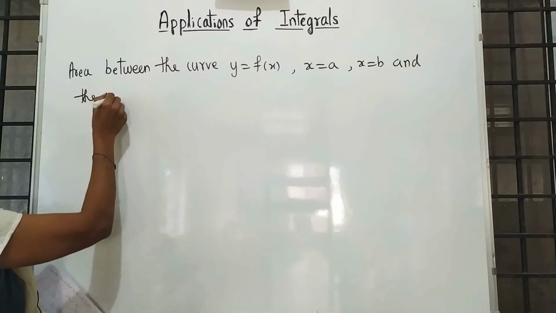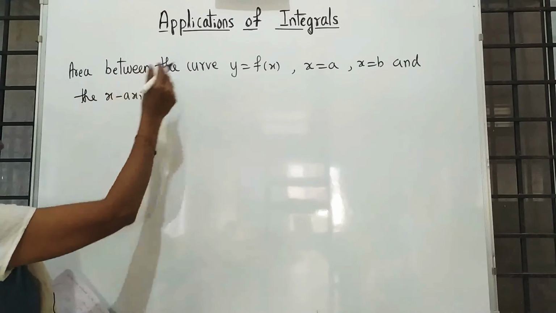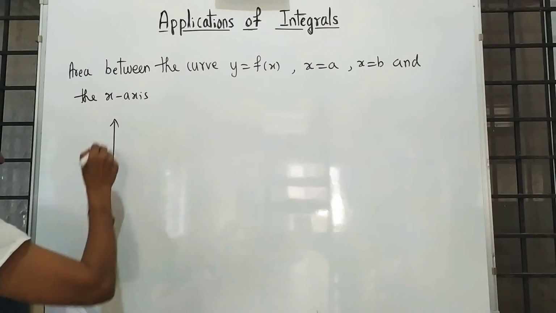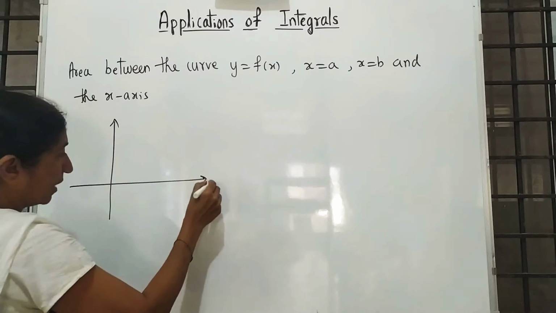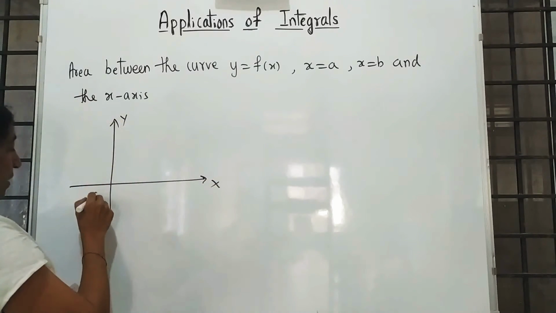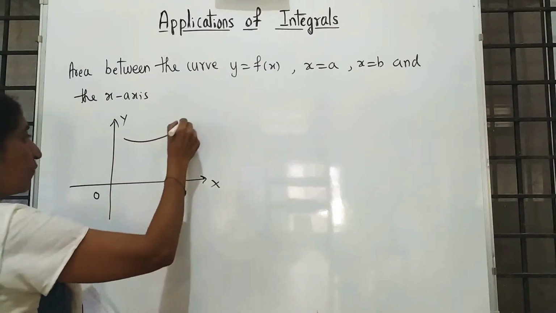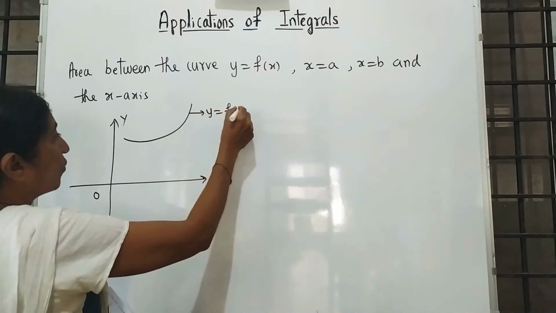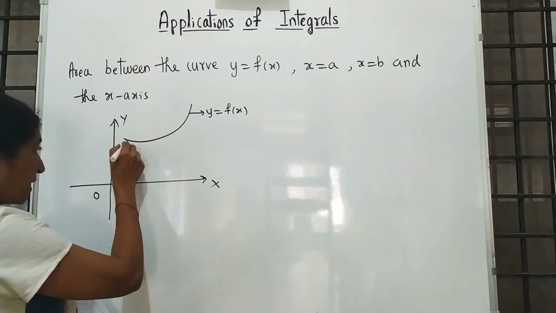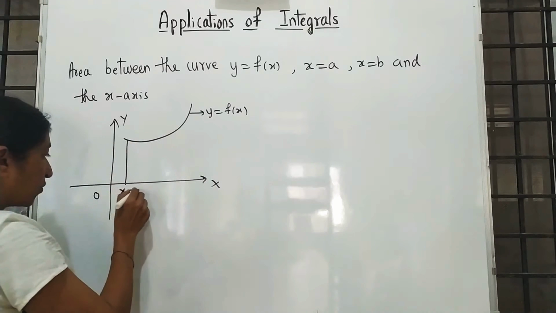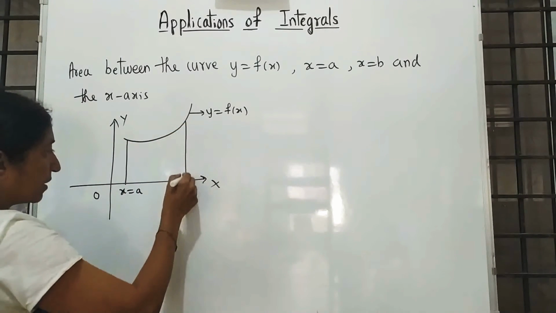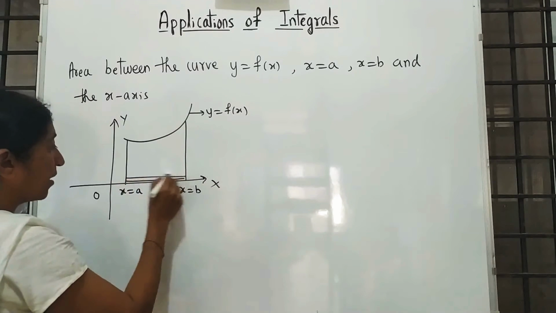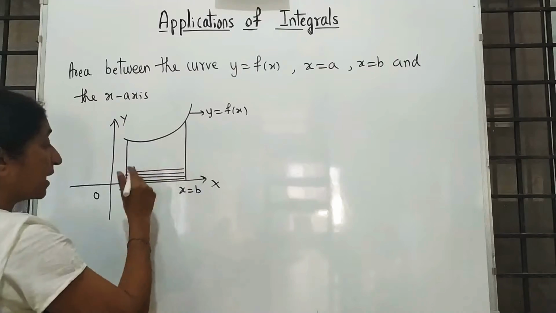We don't know what the curve is. Just for your reference, I am drawing the curve like this. This is the x-axis, this is the y-axis, origin. This is y is equal to f of x, and the lines are x is equal to a and x is equal to b. See the question. We have to find the area between the curve and the x-axis.